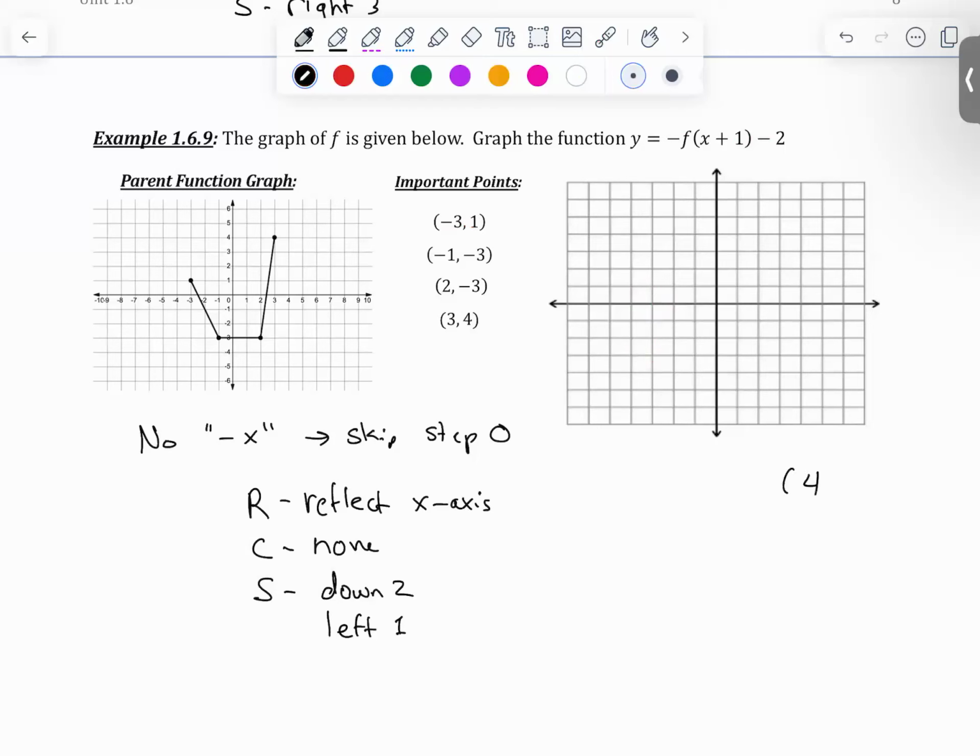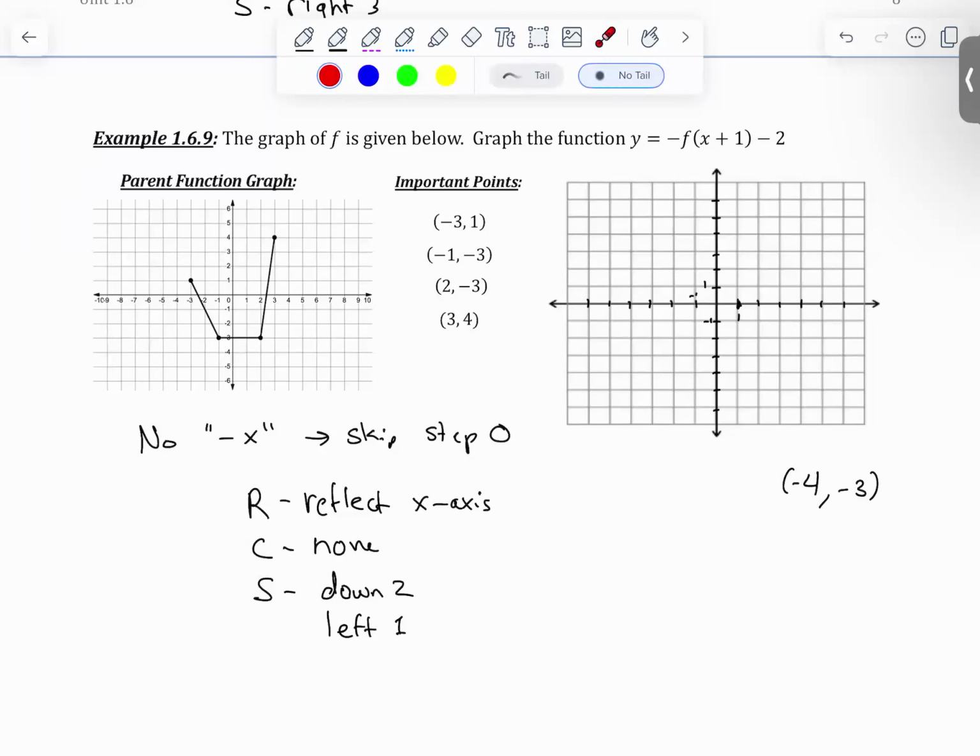I know it's a little weird because this is the first time I haven't made each 2 tick marks one, but let's just make sure we make that argument. So (-4, -3).